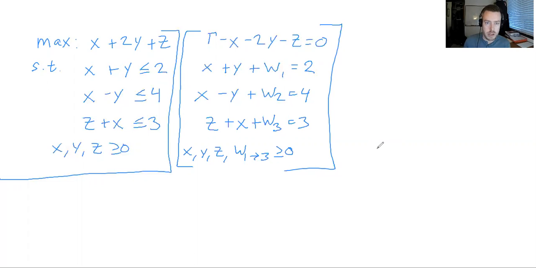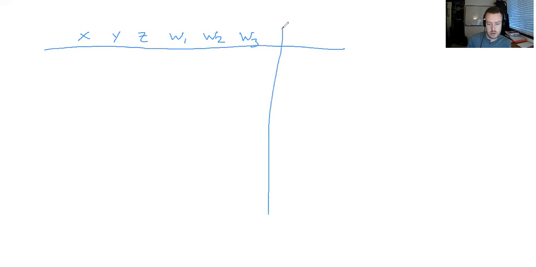All right, so the next thing we need to do is put this into a table. So we had x, y, z, w1, w2, w3, and we're going to put this all the way down here.